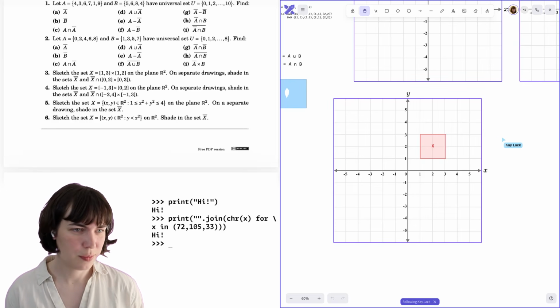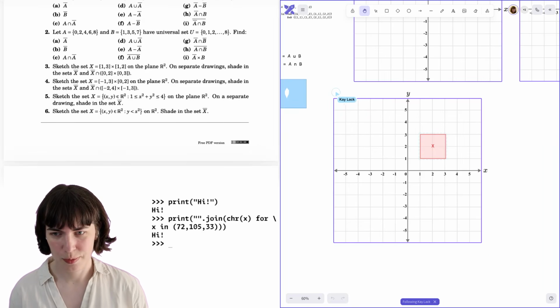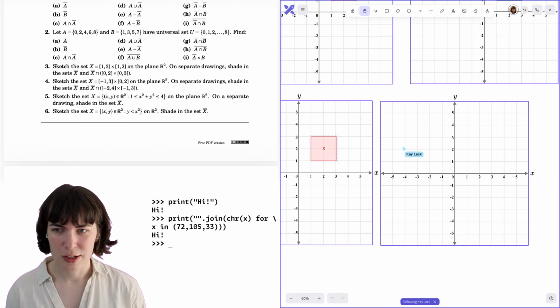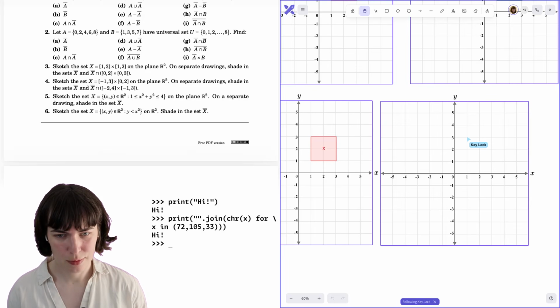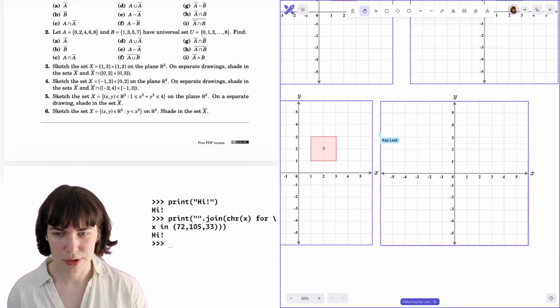So this is x. On a separate drawing, shade in the set's complement of x. That's going to be... I don't know if I can have a hole in this in Excalidraw drawings. So let's find out if I can just make it look roughly right.